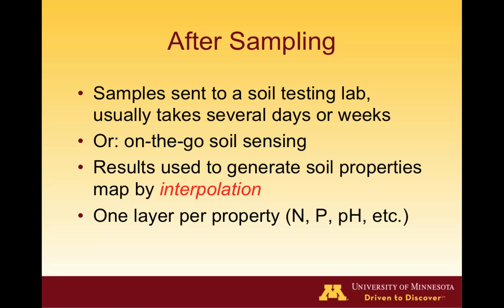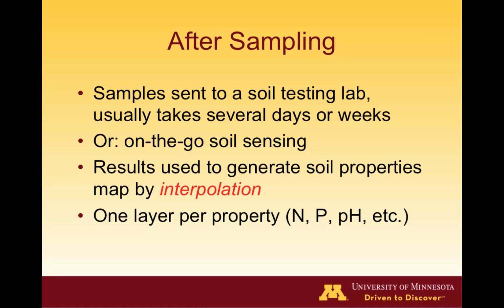After the sampling, the samples will be sent to a soil testing lab. Usually the testing takes several days or weeks, and as technologies are developing very fast these days, there are some on-the-go soil sampling units that you can buy from the market.